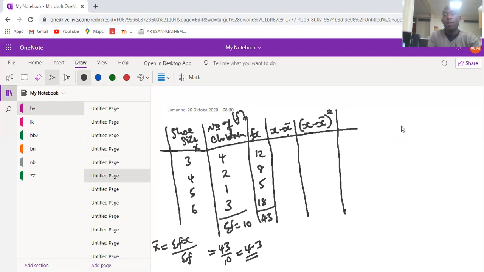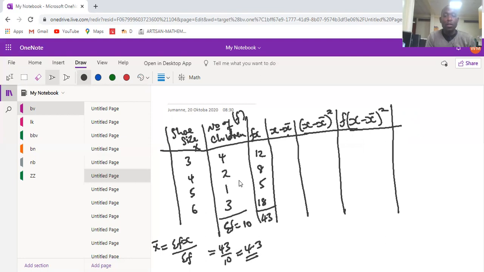Then you will have f into x minus x bar squared. And that one will sort our question. So x, remember, is what we have here. X bar is what we have here.